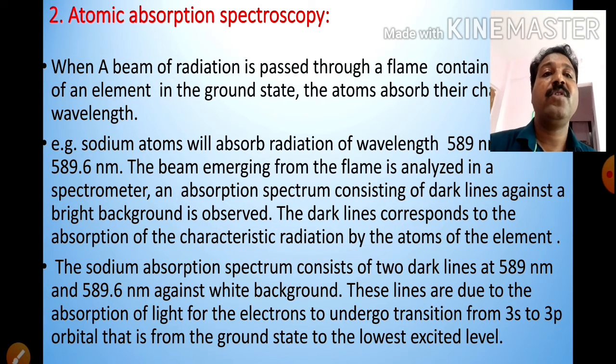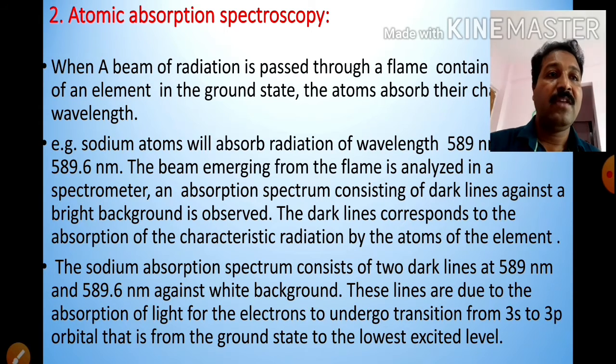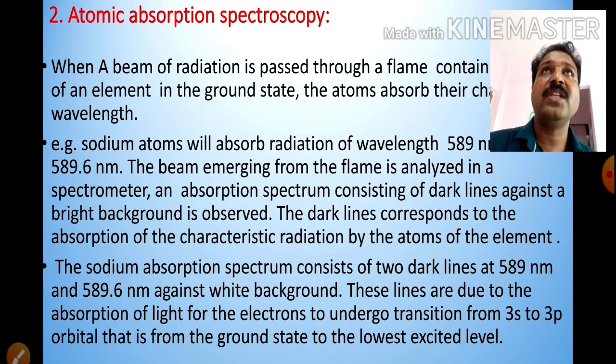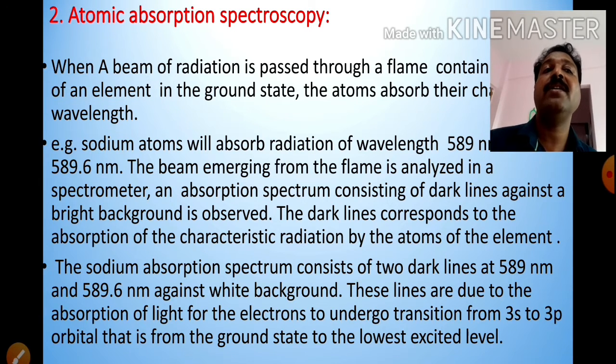For example, the sodium absorption spectrum consists of two dark lines, at 589 nanometer and 589.6 nanometer, against a white background. These lines are due to the absorption of light for the electrons to undergo transition from 3s to 3p orbital, that is from the ground state to the lowest excited level.